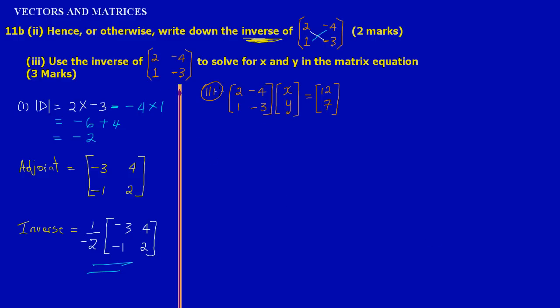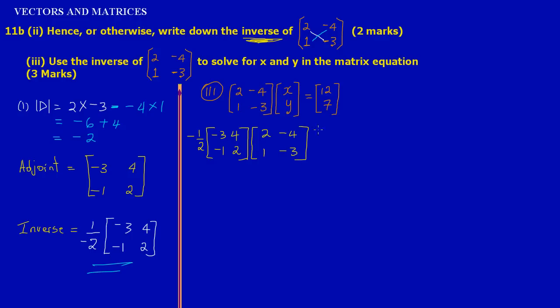Now my friends, to solve for x and y, we're simply going to have to use the inverse to multiply both sides of my equation. So here, let's go. I'll have a -1/2, and my inverse is -3, 4, -1, 2. That's my inverse that I had here, and that is being multiplied by the 2, -4, 1, -3.